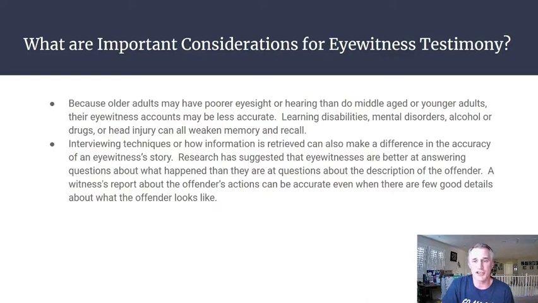How information is retrieved can also make a difference in the accuracy of the witness's testimony. Research has suggested that eyewitnesses are better at answering questions about what happened than questions about the description of the offender, for example. A witness's report about the offender's actions can be more accurate, even when there are very few good details about what the person may have looked like.